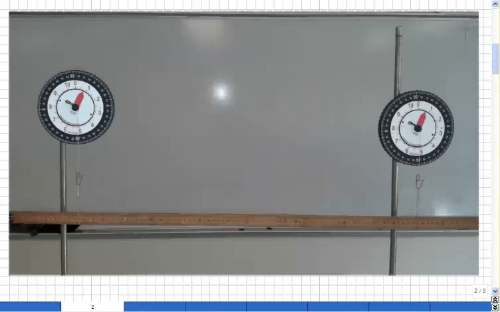Okay, let's look at this situation. I have placed perfectly spaced out scales pulling up on a meter stick that is completely horizontal. Now if we look at the values that are on the two scales here, we'll notice that each one of them is pulling up with a force of 0.7 newtons.